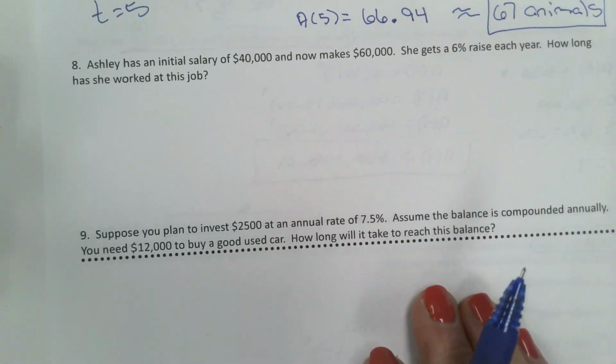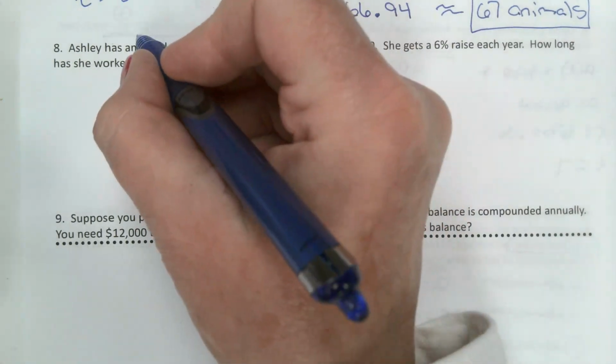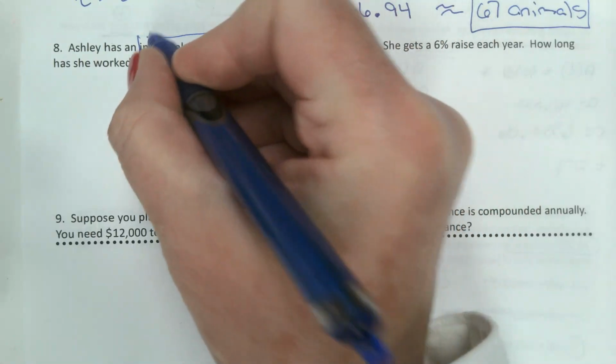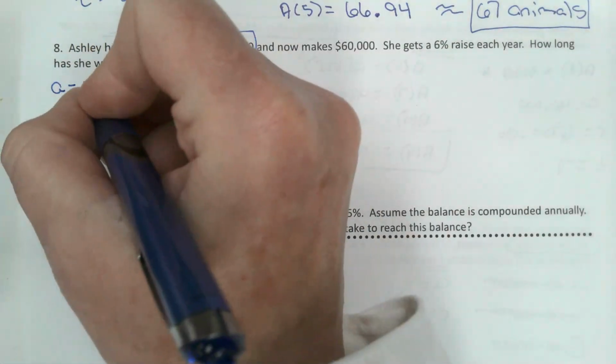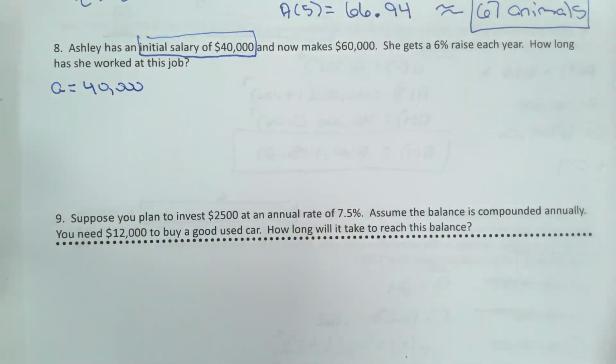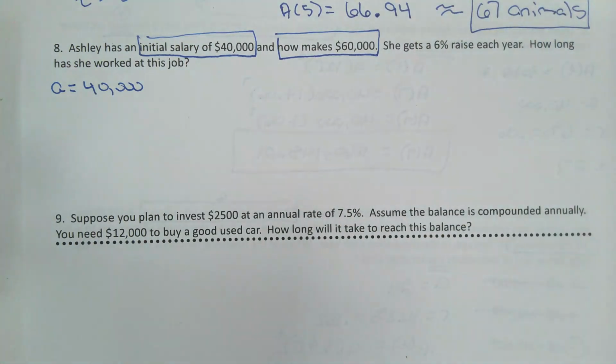All right, number 8 and 9 are very different than what we've been doing. Ashley has an initial salary of $40,000. So A is your initial value of something. She now makes $60,000.